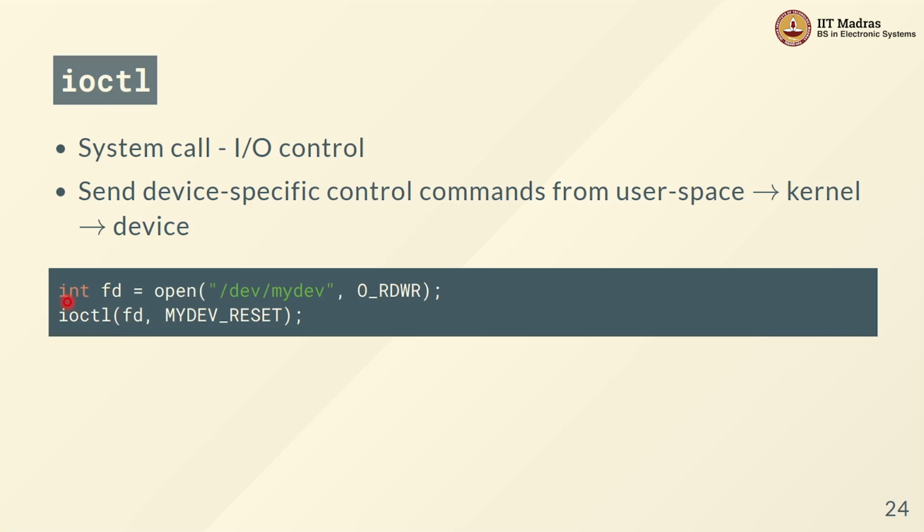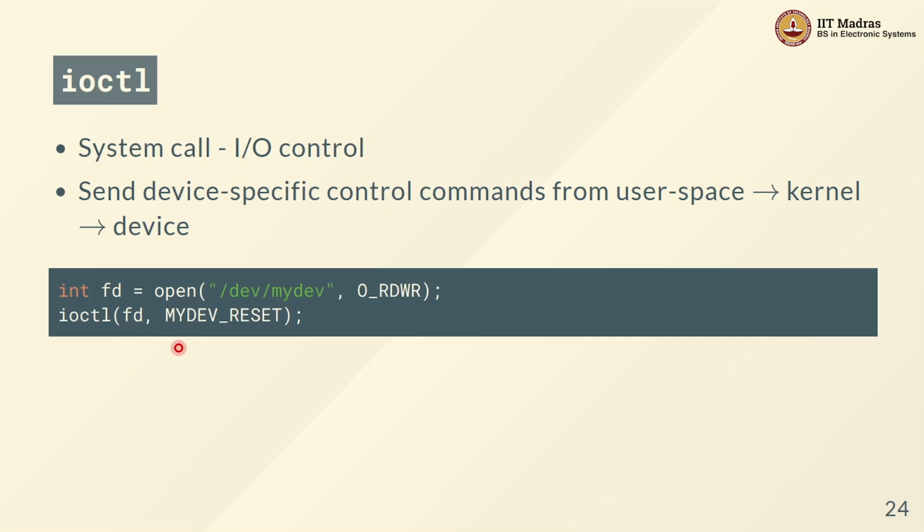On top of read and write, as far as files are concerned, IO control allows me to send certain kinds of very specific functionality. When I call this IO control, it will take this mydev reset, which is probably some hash-defined number, and send that number not directly to the device, but to the driver.